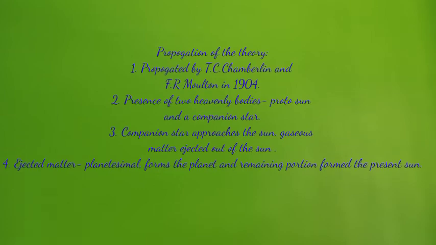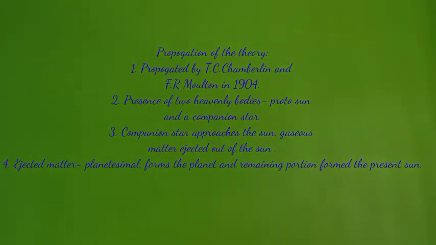So this ejected matter was of various sizes. There was no evenness in the size. The larger objects that got ejected later formed the planets, as they attracted the other smaller particles that were scattered in space. And these larger planetesimals resulted in the formation of planets.